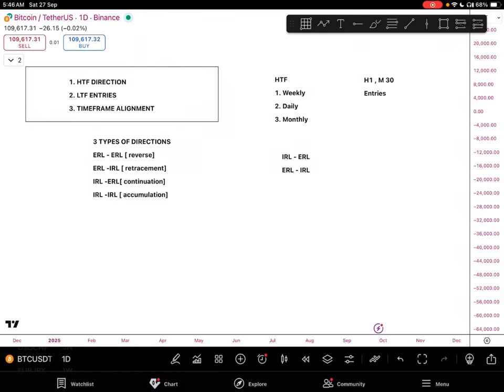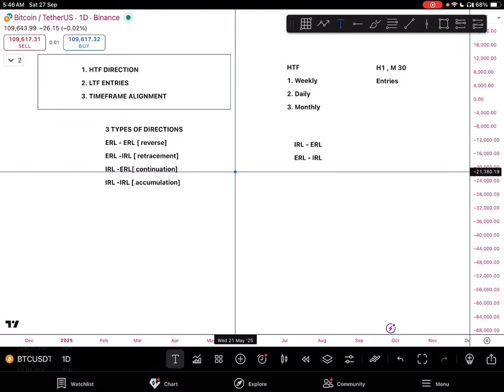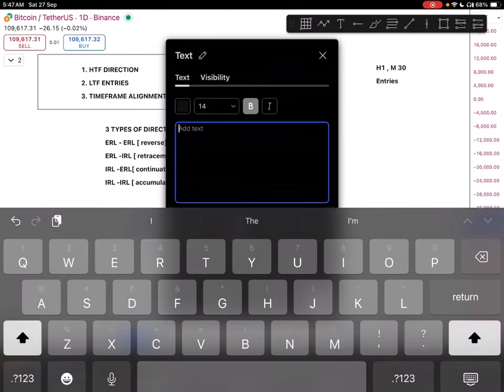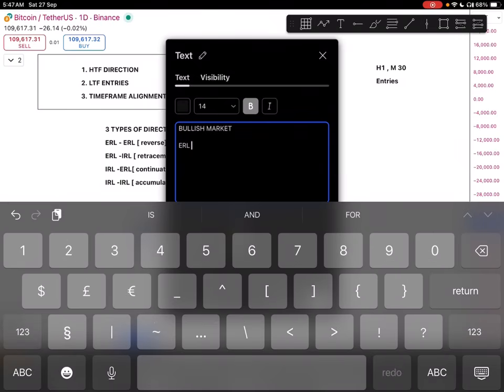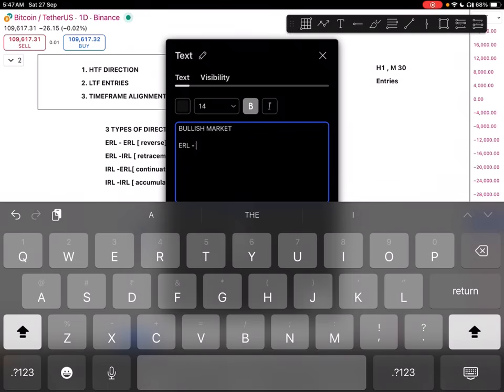How will the retracement start? How do we determine that the external range liquidity has been taken? We know that external range liquidity is the swing highs or swing lows. In a bullish market, external range liquidity is the swing highs, right?